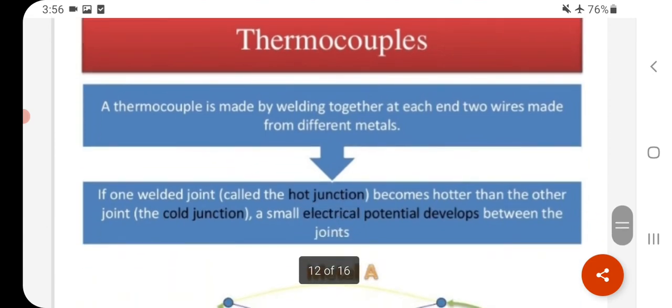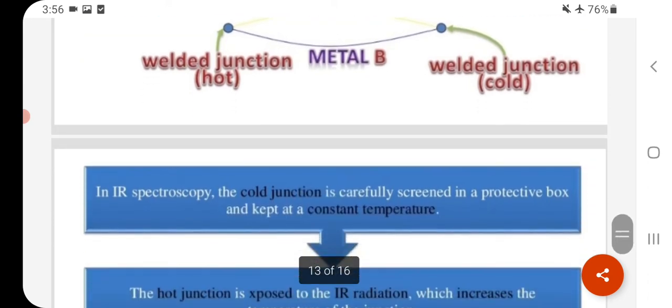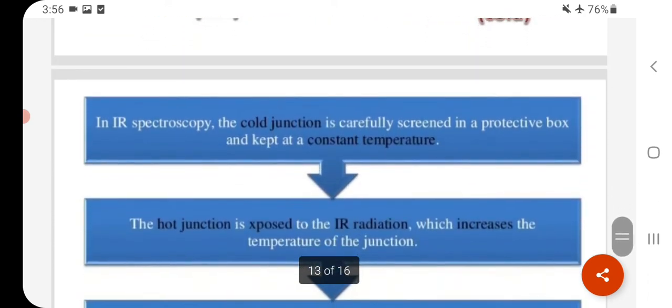Next, thermocouple. A thermocouple is made by welding together at each end two wires made from different metals. If one welded joint becomes hotter than the other, a small electrical potential develops between the joints. In infrared spectroscopy, the cold junction is carefully screened in a protective box and kept at a constant temperature.